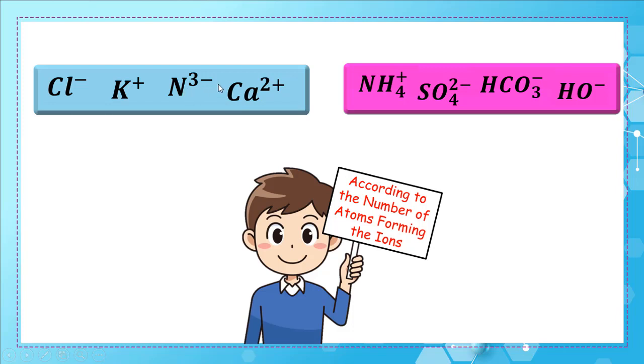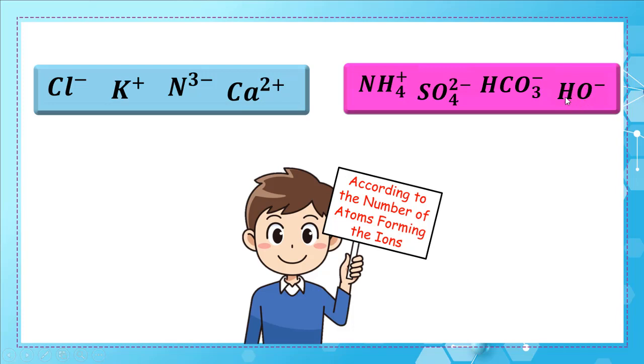Whereas, in the second group, we can see that these ions are formed from more than one atom. So the first one, it's formed, for example, from one nitrogen atom and 4 hydrogen atoms. So now you can see we have a total of 5 atoms in this ion. Let's see HO-, it's formed from one hydrogen and one oxygen.